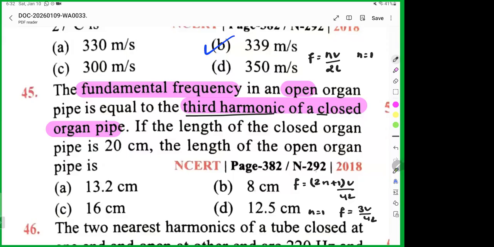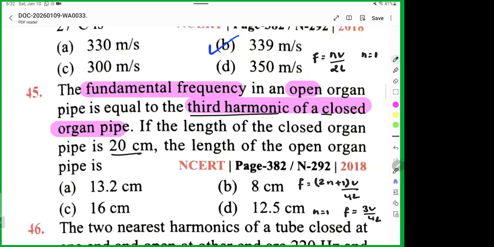If length of closed organ pipe is this, what will be the length of the open organ pipe? So first thing is your first frequency V by 2L is equal to 3V by 4L. This is for the open, this is for close. V cancel.